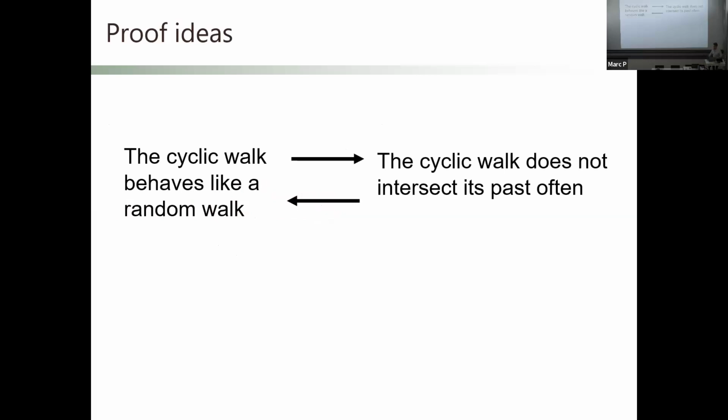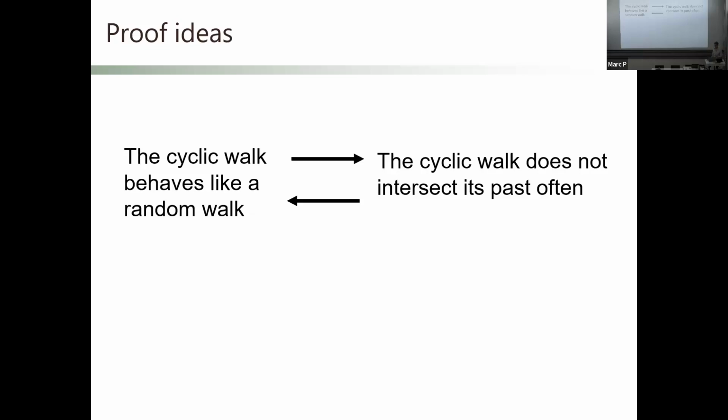If the cyclic walk did behave like a random walk, then in 5 dimensions, we know that it's not going to interact with its past very much. The future will tend to not be in the same places as the past. So if it behaves like a random walk, then it doesn't interact much with its past. But on the other hand, if it doesn't interact much with its past, then it should behave like a random walk. Okay, so this is what I call a circular argument.